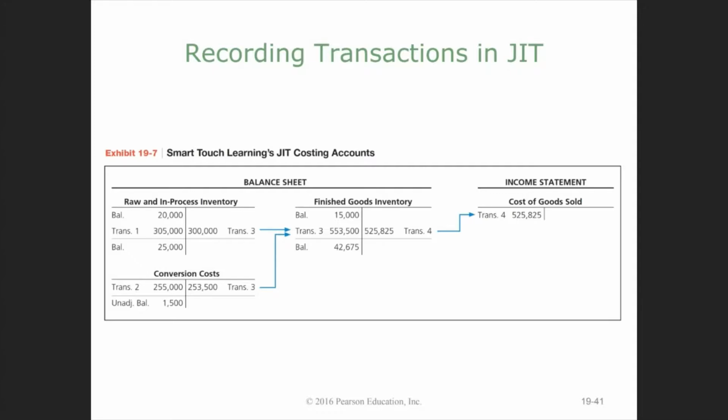Okay. So here, the screen that we're looking at right now, they had to give us a beginning balance in order to give us an ending balance. So they put the beginning balance in as 20,000 for the raw and in-process inventory. In the previous slide, for example, when we did transaction 1, we did not need to know what the beginning balance was to calculate that 305,000.